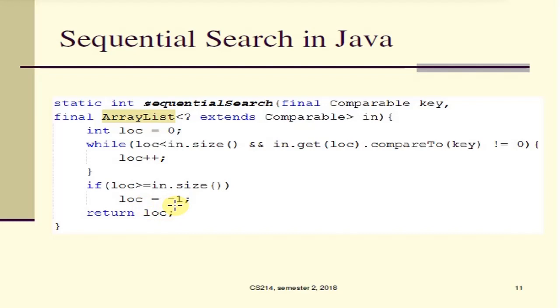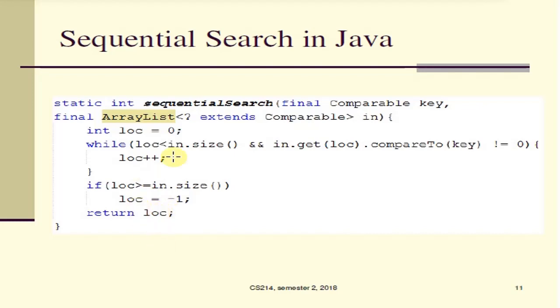So lock is set to -1, and you return that. Wherever this sequential search method is called, it would return -1, and the receiver would know that -1 means it was not found. Otherwise lock would be the value, the index where it was found, and that is what would be returned.